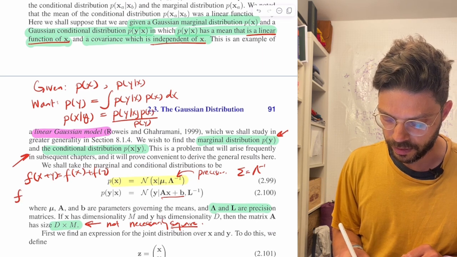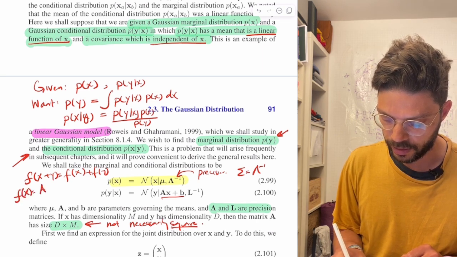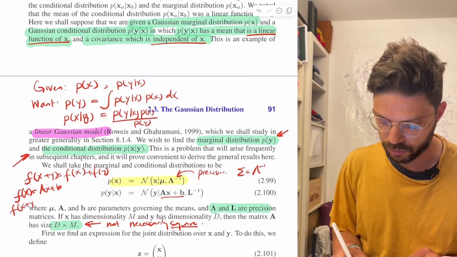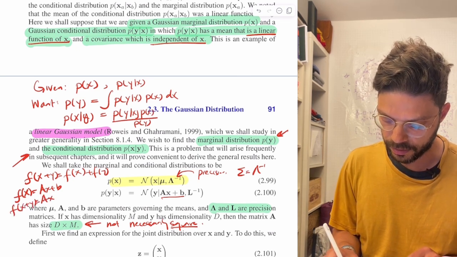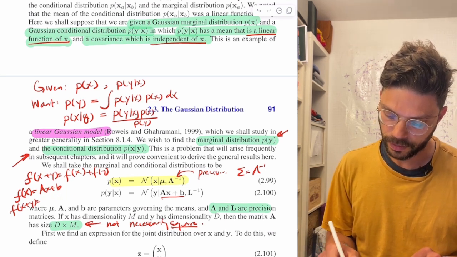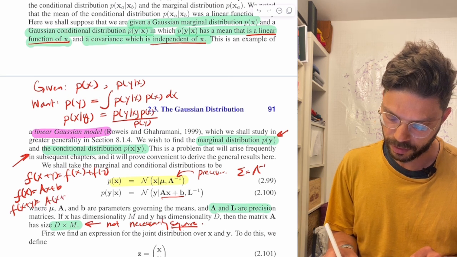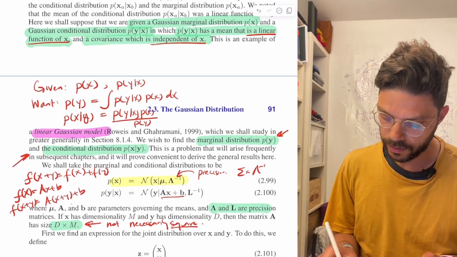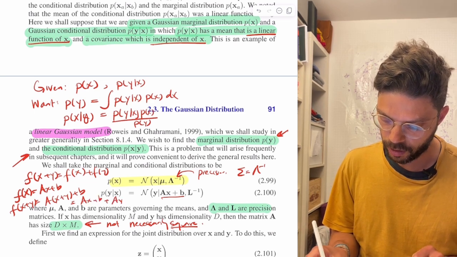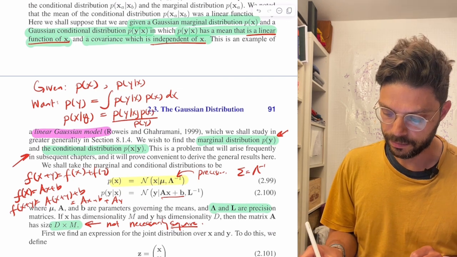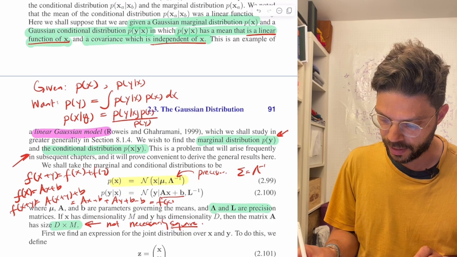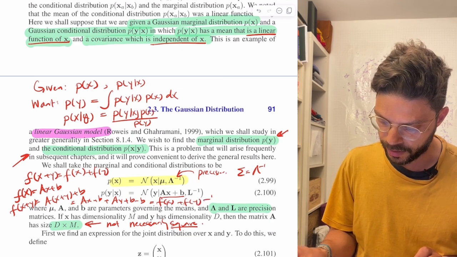So let's say f of x is equal to Ax plus b. Well, f of x plus y is A of x plus y plus b, which is Ax plus b plus Ay, which we can write as f of x plus f of y minus b.